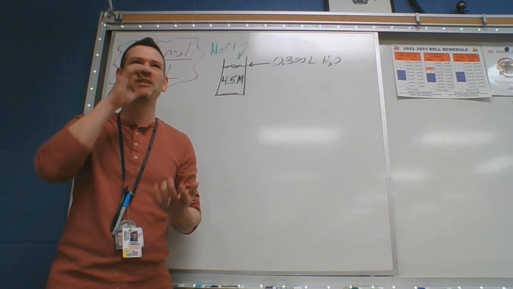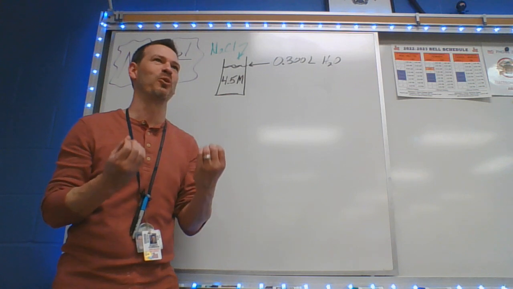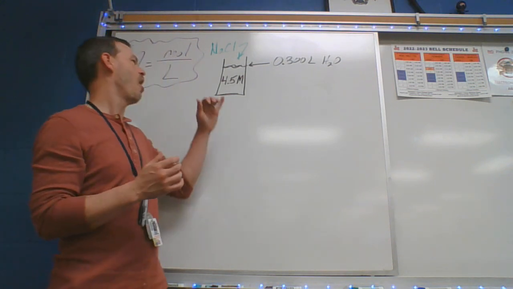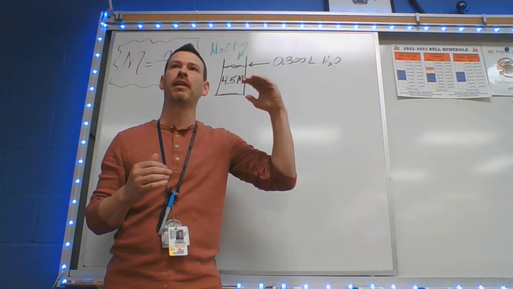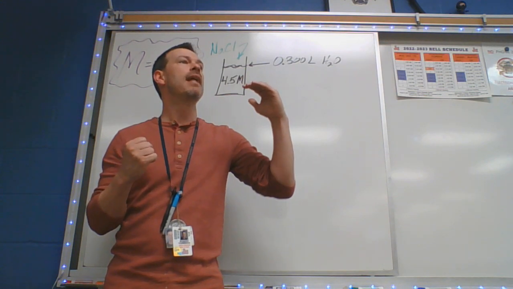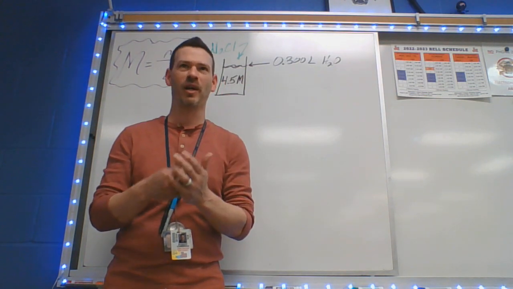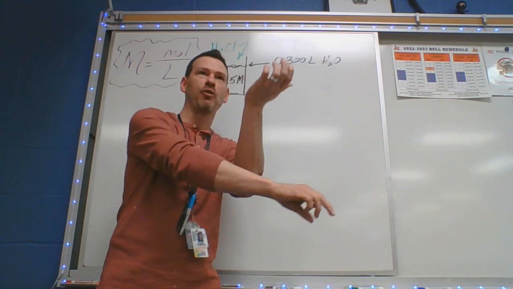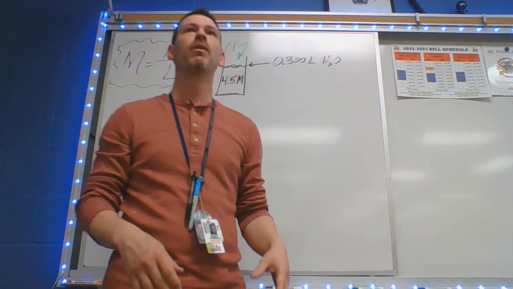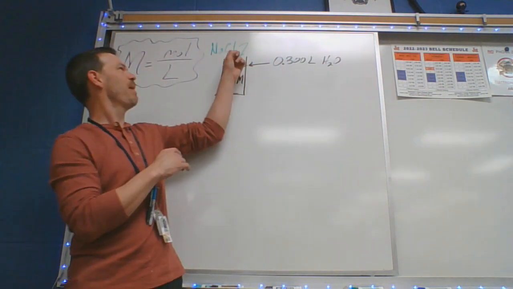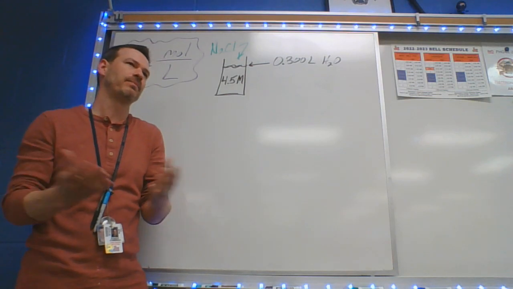You would spit it out the moment you sipped it because it'd be so salty. But I don't want you to automatically associate really big molarities with this will kill me. Now, if it's 20 molar hydrochloric acid, that will eat right through the floor if it's that strong. So it still depends on what the solute is.